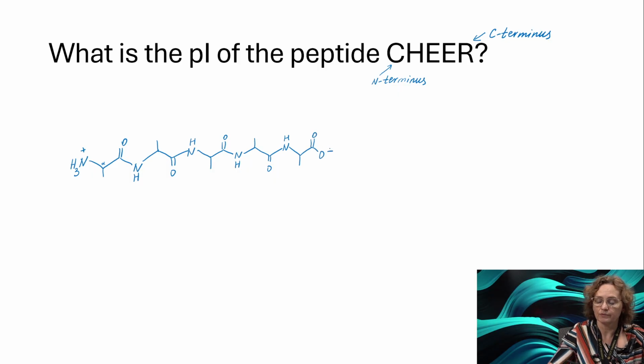Okay, so the first amino acid is cysteine, abbreviated as C. It has this beta carbon connected to a thiol group. Then we have H, which stands for histidine. Then we have E, that stands for glutamic acid or glutamate.